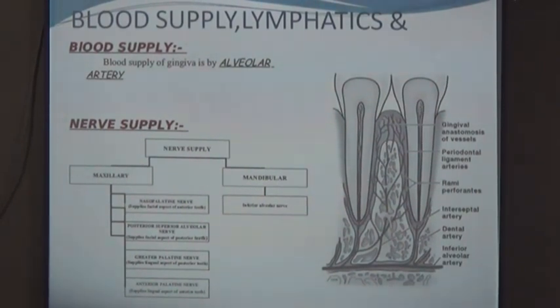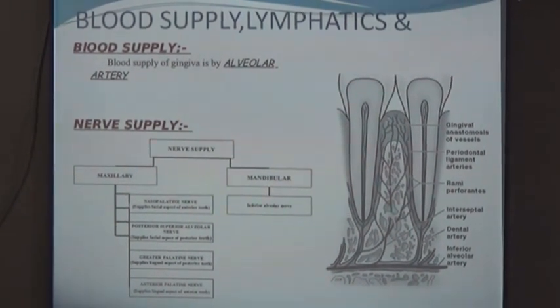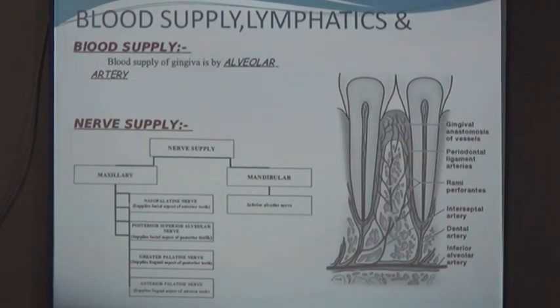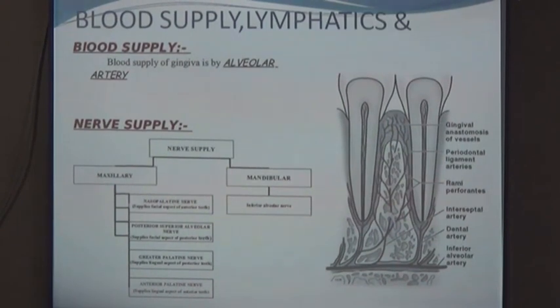So remember, in maxillary, the nasopalatine nerve supplies the facial aspect of the anterior, the posterior superior alveolar nerve supplies the facial aspect of the posterior, and the lingual part of the posterior is by means of the greater palatine, and the lingual aspect of the anterior by means of the anterior palatine nerve. You have understood now? So remember nasopalatine nerve, posterior superior alveolar nerve, greater palatine nerve, anterior palatine nerve.